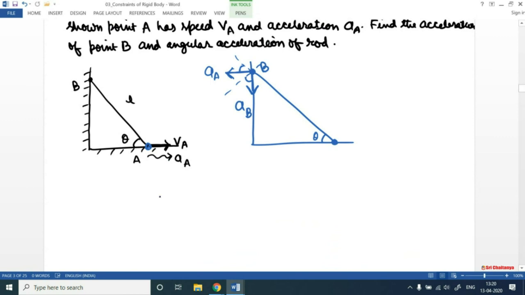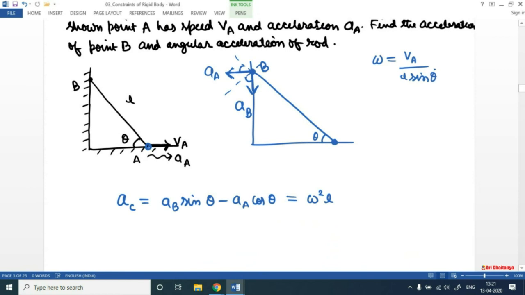So I am writing the centripetal acceleration of point B: that would be AB sine theta minus AA cos theta, and that would be equal to omega square L. In the previous problem, we already found the value of omega to be equal to VA by L sine theta. So we can use that in this question.